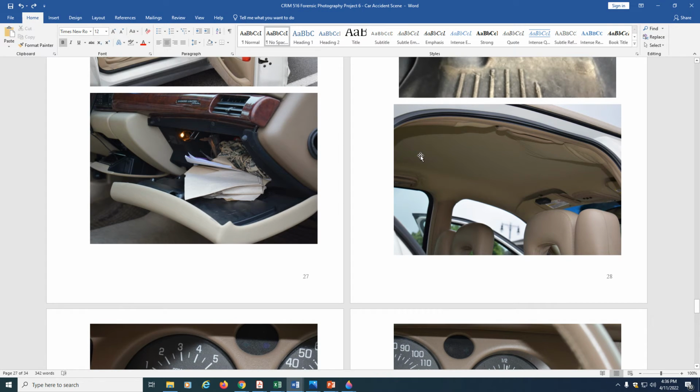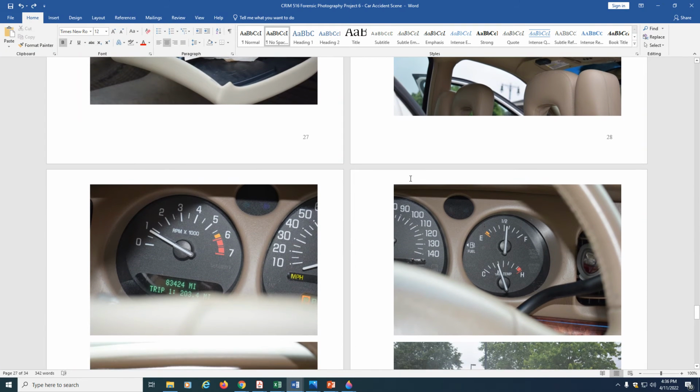So once we've done that, now what you want to do is move more specifically to the driver perspective at the time. Okay, so what shows up for your vehicle display?